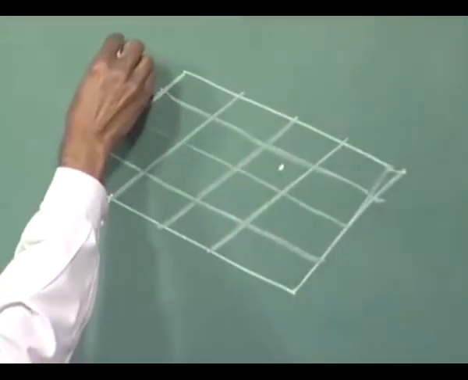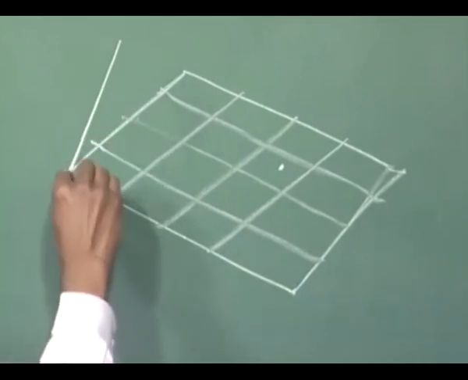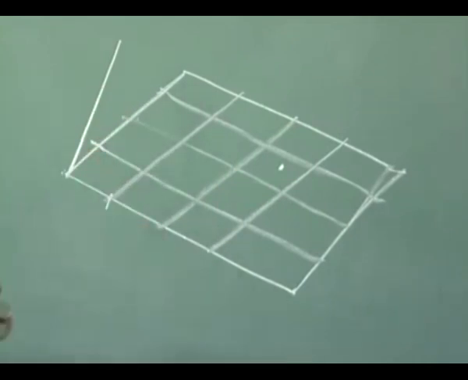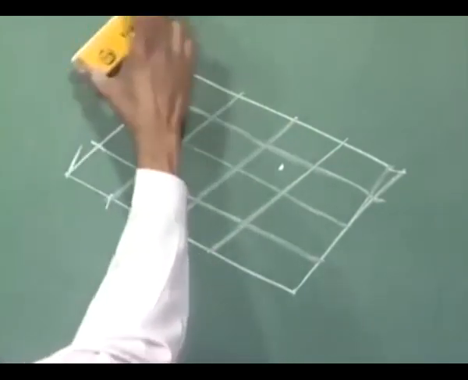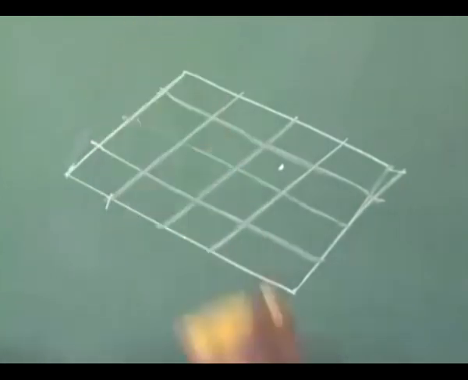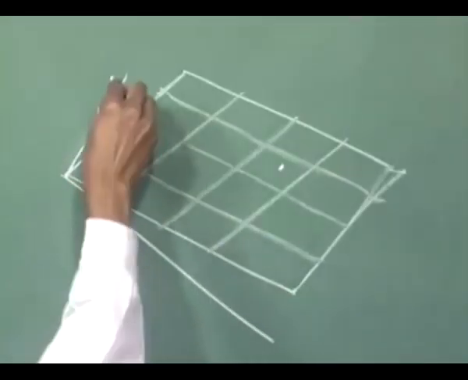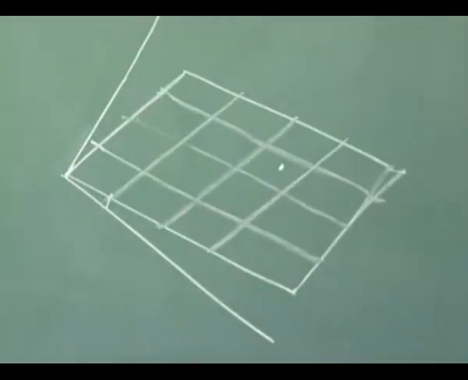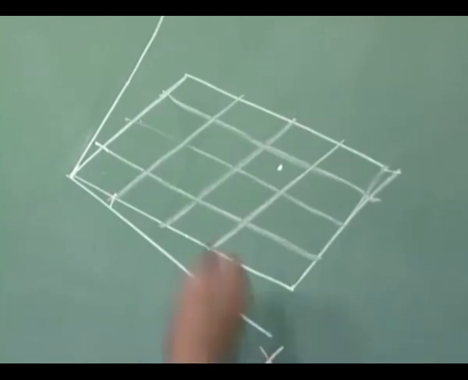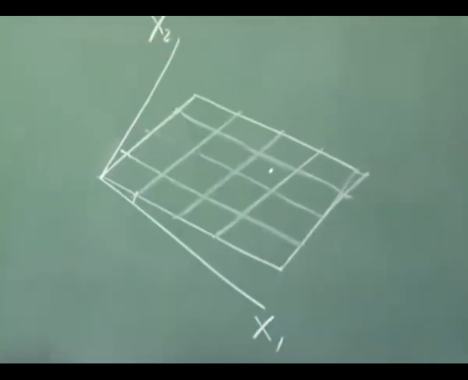For that, suppose our original frame of reference, in terms of north, east or whatever, the rectangular Cartesian frame, happens to be this. Let us call it x1 and x2.